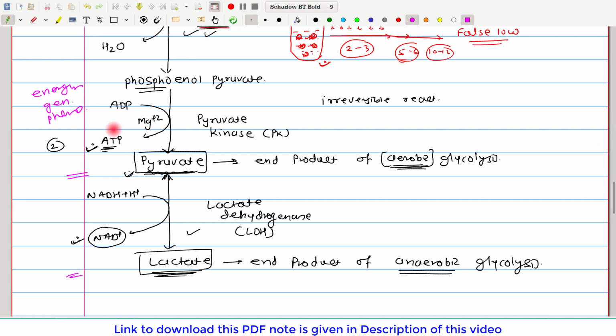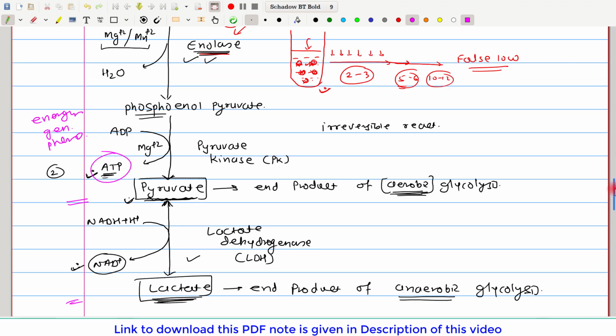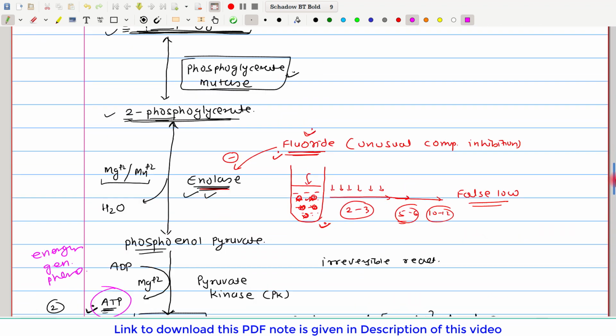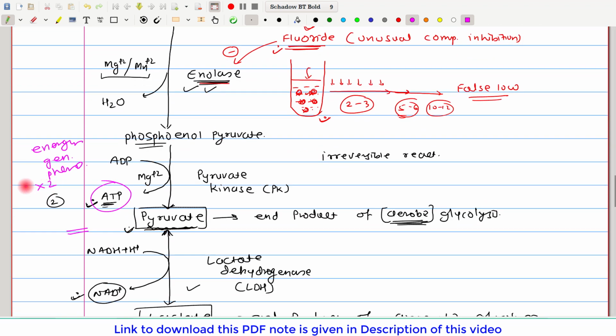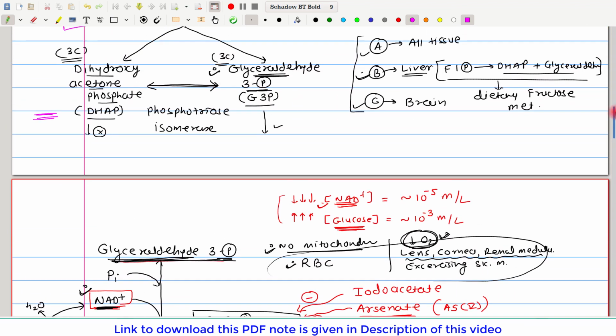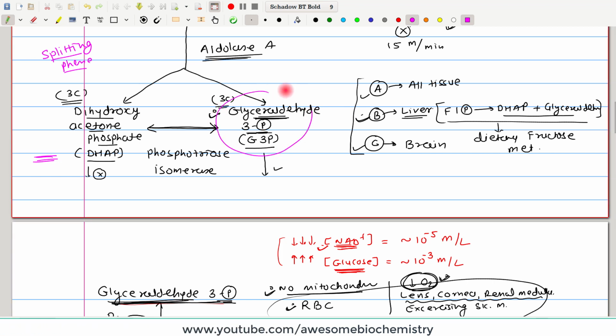As you can see, ATP is generated at this step as well as at this step. So the energy generation phase occurs 2 times. Why? Because each molecule of glucose gives rise to 2 molecules of glyceraldehyde 3-phosphate.